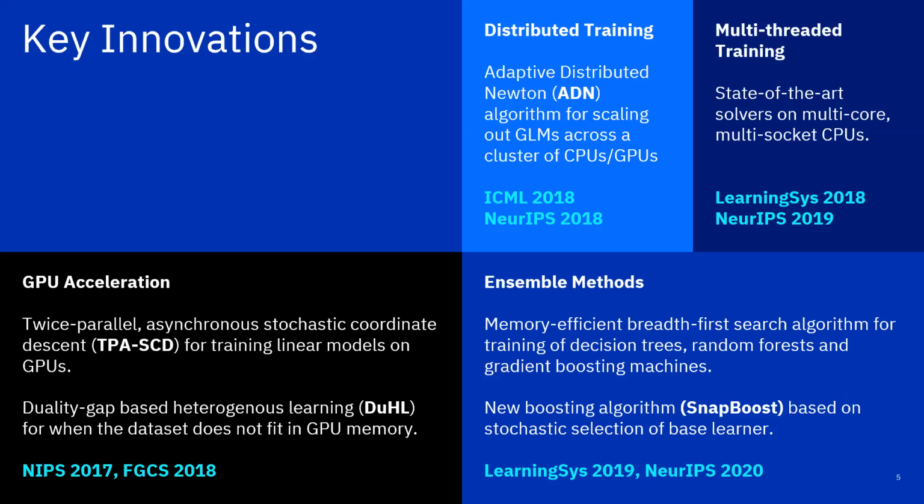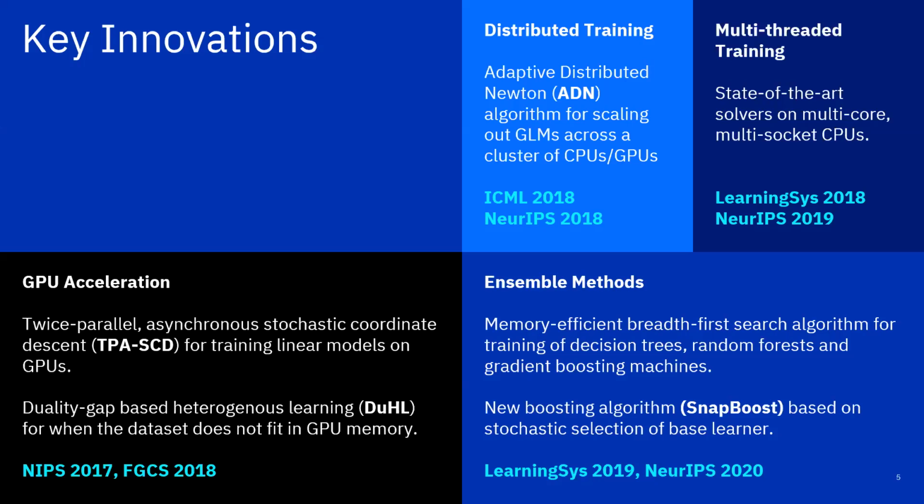So we started developing new extremely parallel asynchronous coordinate descent algorithms, which map very effectively onto GPU hardware, as well as new algorithms which deal with the case when the data set is too big to fit in GPU memory. So these were some of the earliest research ideas that were going into SnapML in already 2017 and 2018.